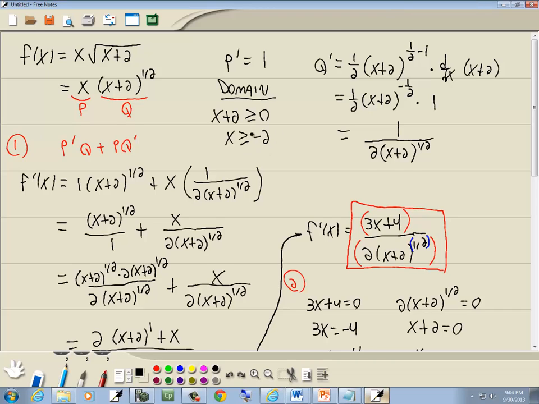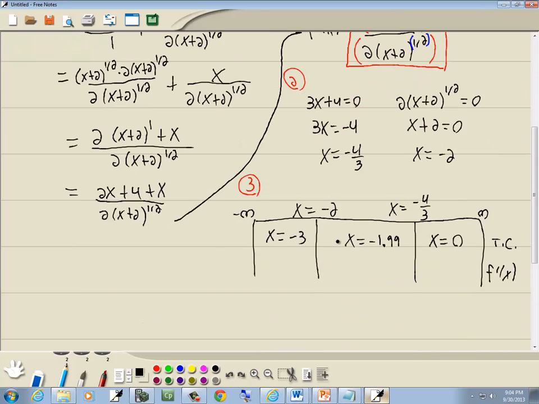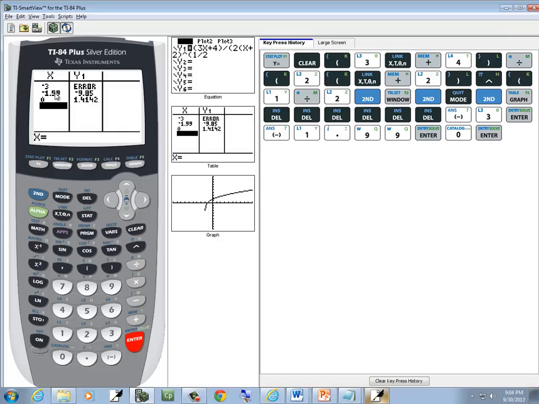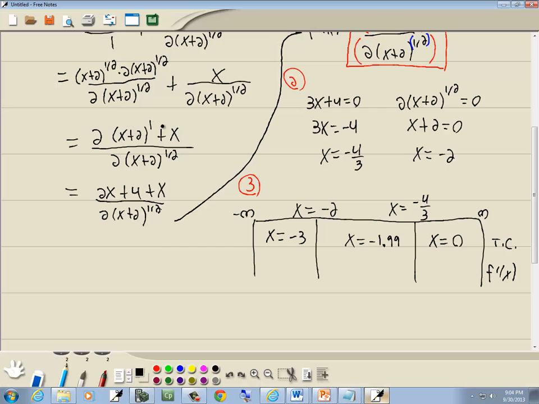That's where our graph exists. Down here, when I plugged in -3, see how it gives us an error? So don't think you're doing anything wrong if you plug that in. Your graph doesn't actually exist there. And if you go back and check your domain, you're going to find that that's the case.